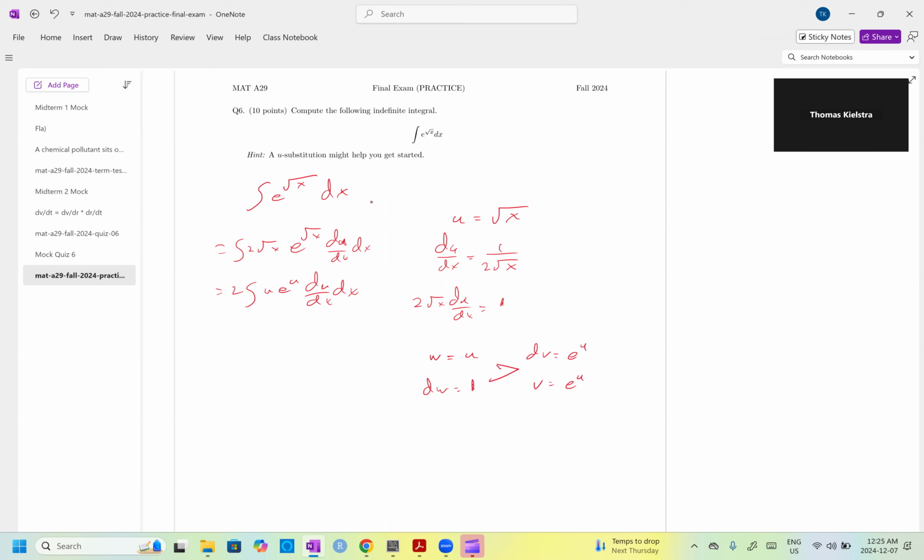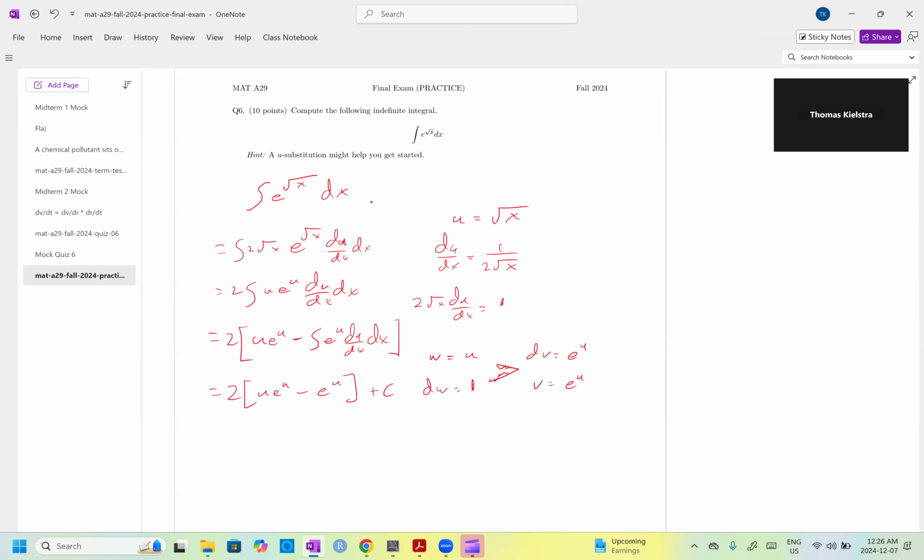Doing an alligator, this equals 2 times u e to the u minus the integral of e to the u du by dx, which equals 2 u e to the u minus e to the u, all plus c.